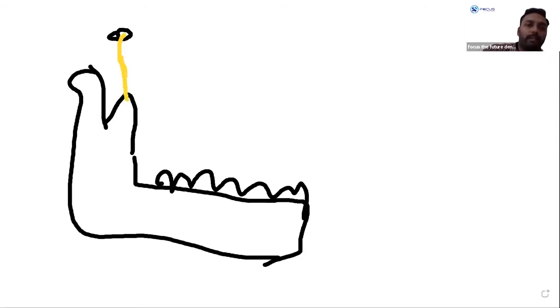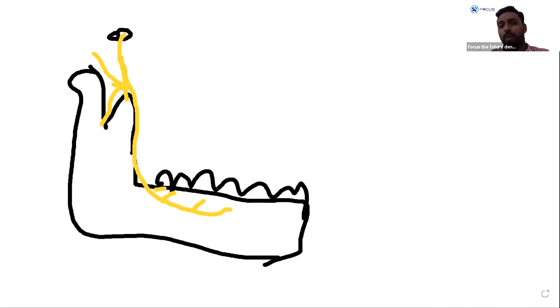So the anterior division will be somewhere like this. The buccal nerve comes like this, and is going to supply the buccal mucosa till the second premolar, and this will send a small branch to the masseter. This will send a small branch to the lateral pterygoid here, and then a nerve to the temporalis. This will be how the anterior division will be.